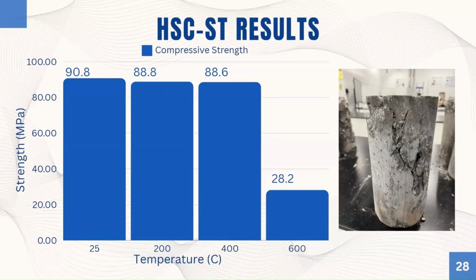However, the severity of explosive spalling caused a dramatic drop in the compressive strength of the concrete, falling to as low as 28.2 megapascals, almost a 70% reduction in the compressive strength.